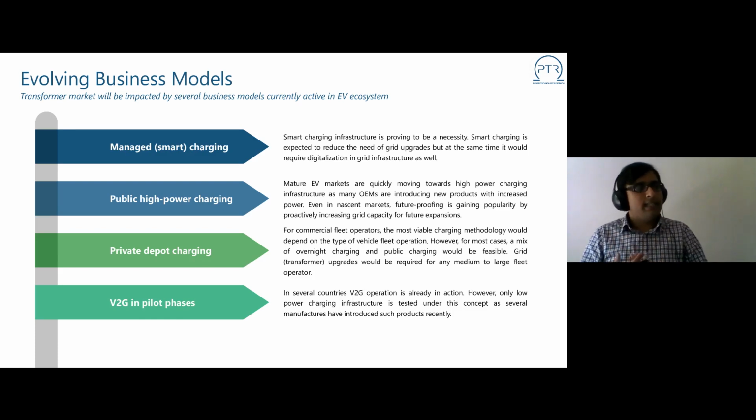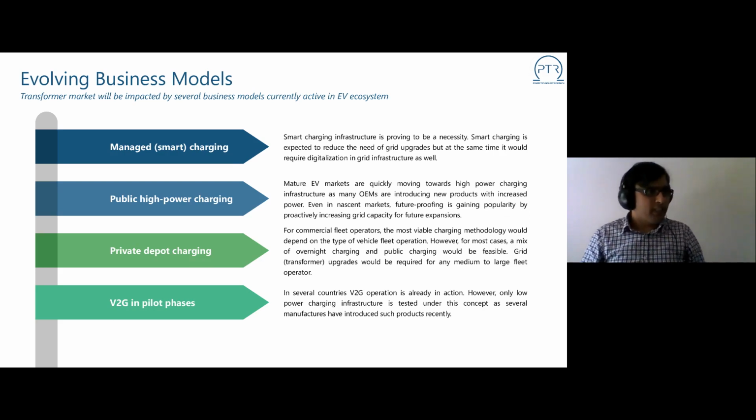And this is where the investment is expected to come from the private sector. So maybe a share from the utilities and the private sector will be there to have the grid upgrades. But on the transformer side, primarily the investment is going to come from the companies who are operating the fleets of electric vehicles.